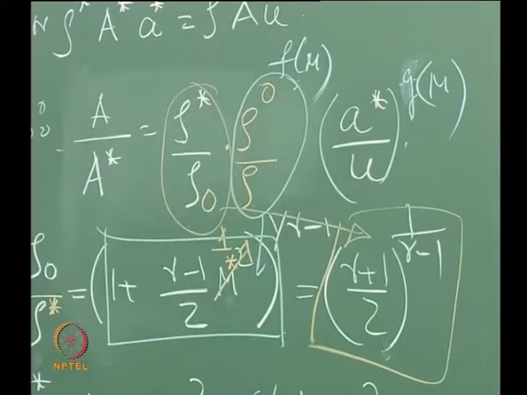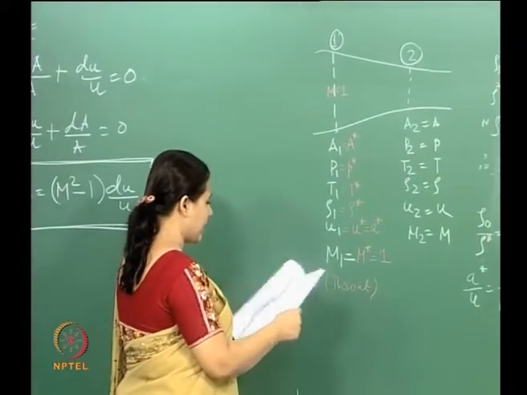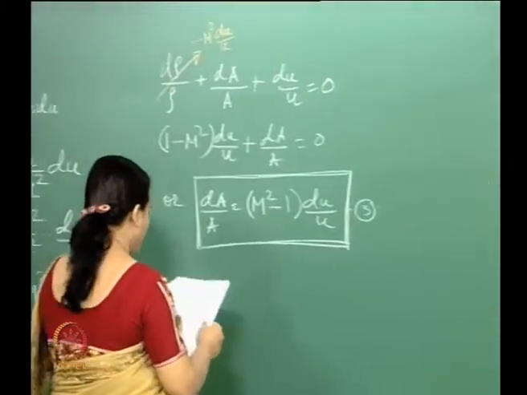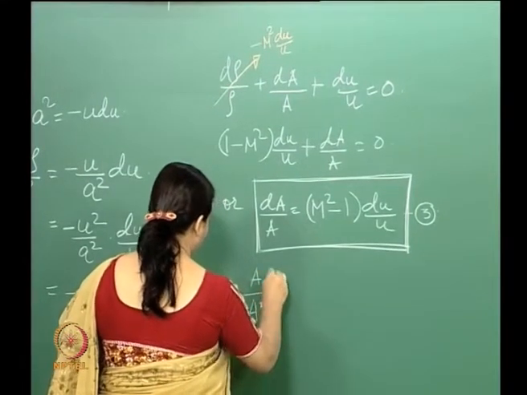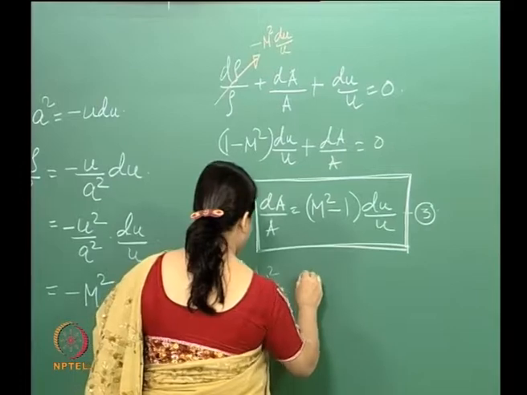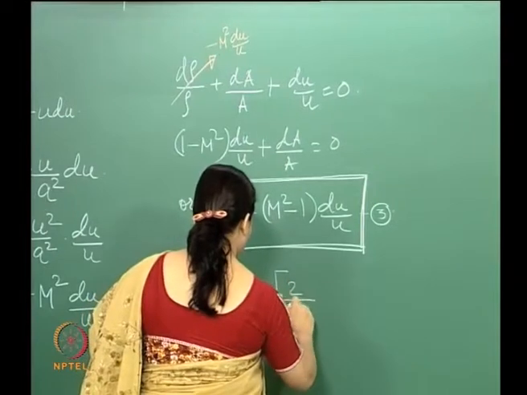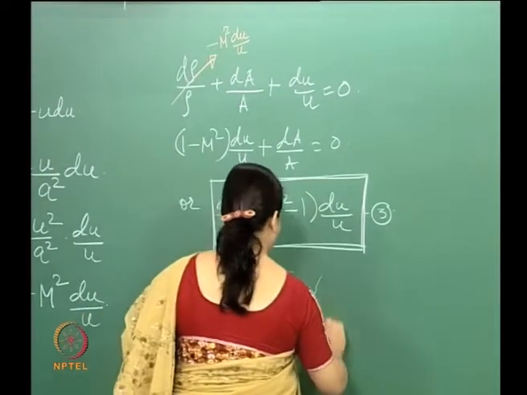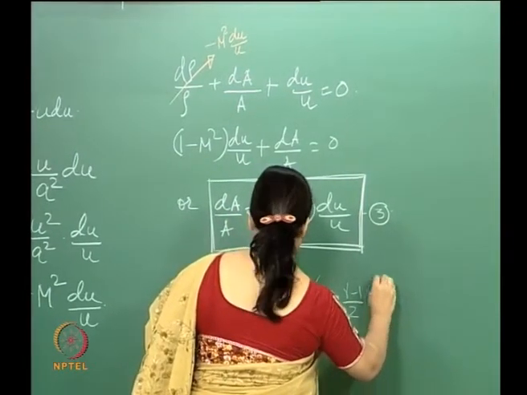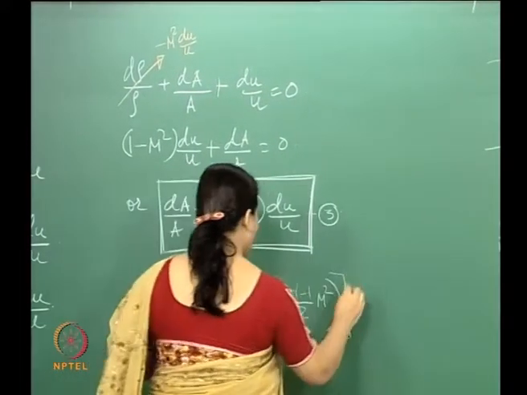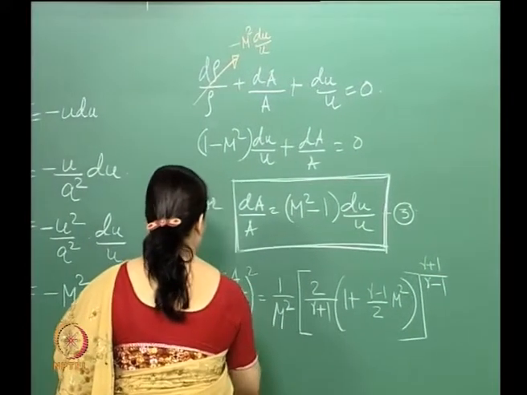So, if I write out the equations in that fashion, what I will get is this. Let me come back here and write it. So, then what I get is A by A star is equal to 1 by M square, times 2 by (gamma plus 1), times (1 plus (gamma minus 1) by 2 M square), to the power (gamma plus 1) by (gamma minus 1).